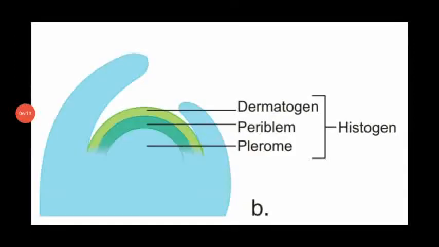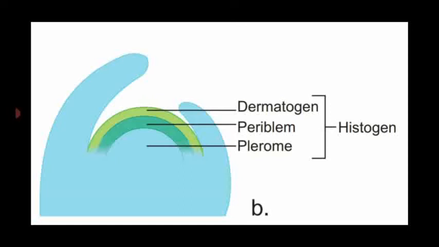Dear students, see the diagram. This is the histogen theory. The blue color region totally is said to be the shoot apex, that is the tip of a stem. It consists of 3 distinct zones. The outer yellow color region is known as dermatogen, the outermost layer, which gives rise to epidermis. That means it produces epidermal regions.